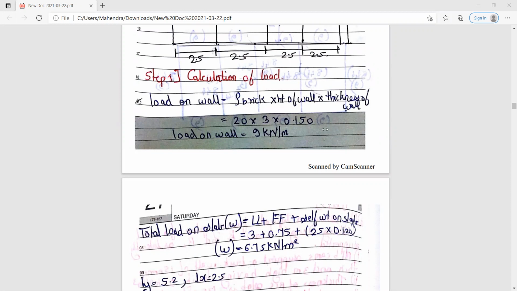Yes, done, completed. Everyone has got the values for the load on the slab as well as the load on the wall.